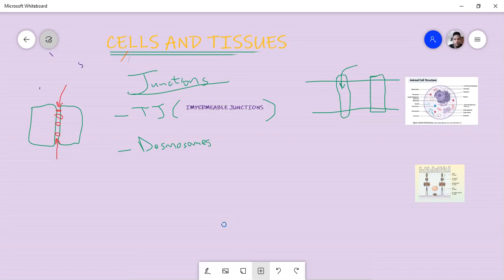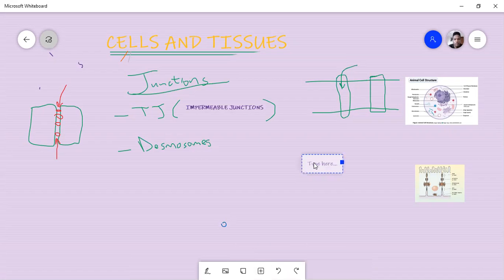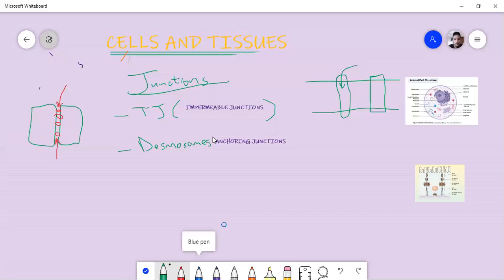Talk to me then. Stratum spinosum. I'm telling you, people are ready. You're ready for the exam, eh?